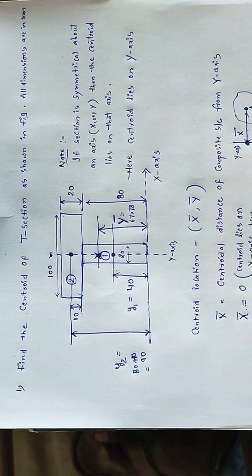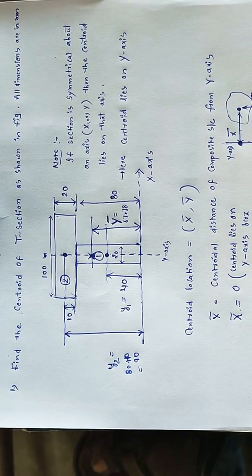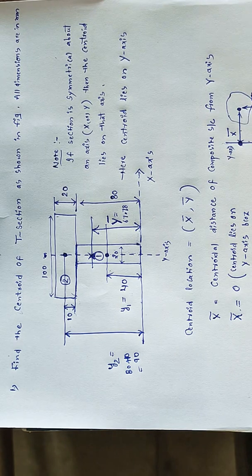So whenever a problem is given, at that time first we have to observe whether the given section is symmetrical or not. If the section is symmetrical, then the second step is to find out whether it is symmetrical about the y-axis or x-axis. If it is symmetrical about the y-axis, then x bar will be equal to 0. If it is symmetrical about the x-axis, then y bar will be equal to 0.